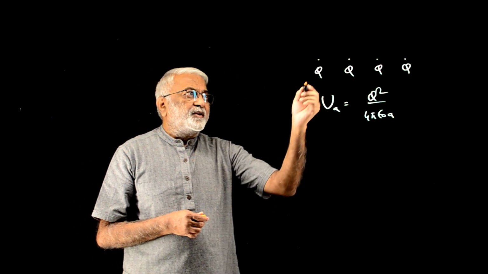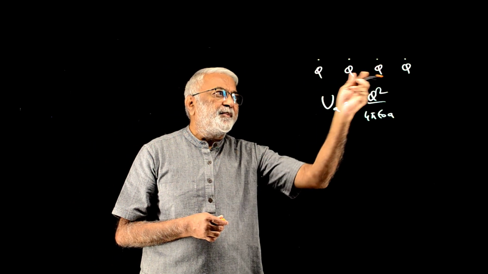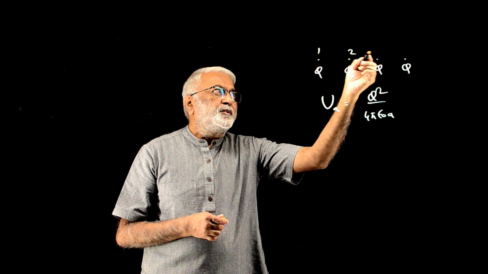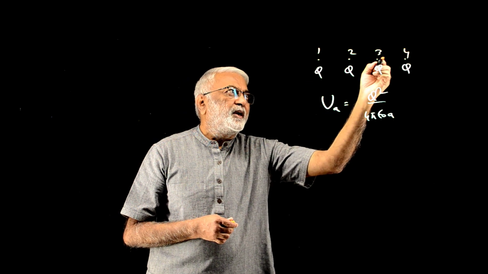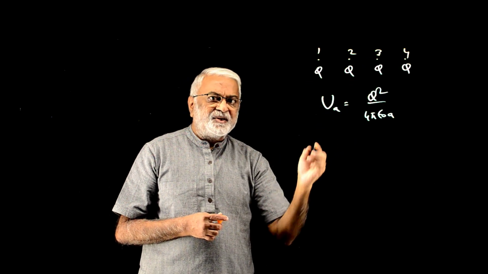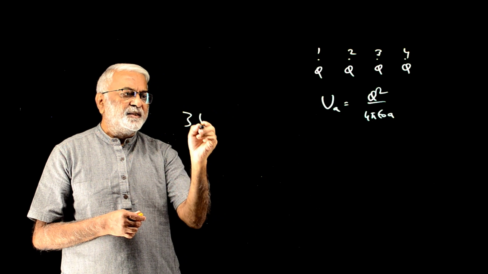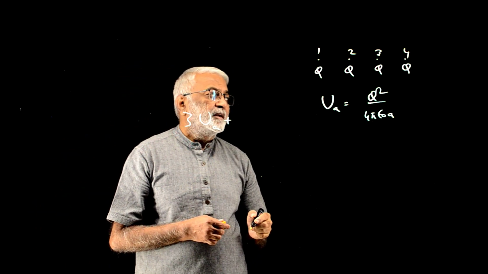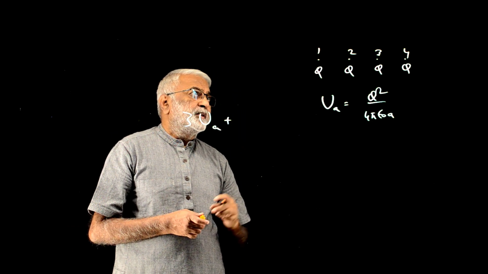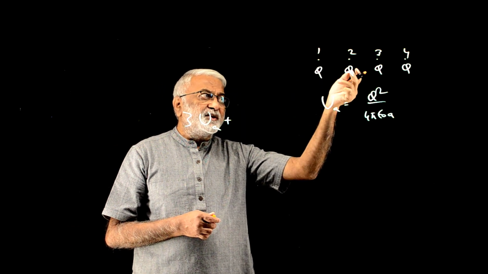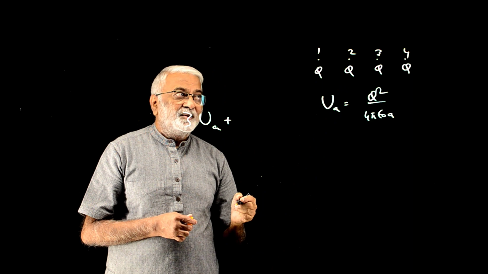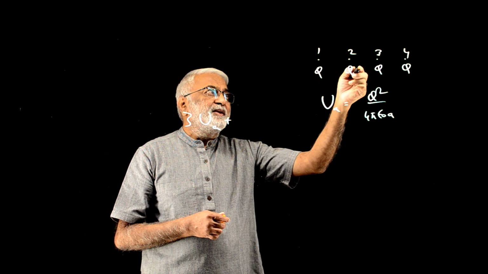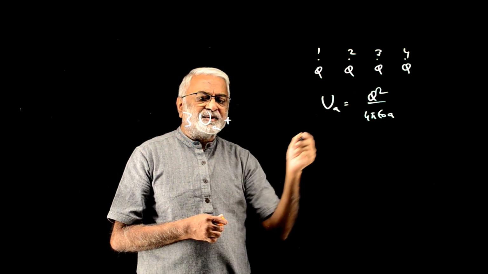So what have we got here? 3 pairs, that is 1 2, 2 3, 3 4, all identical, and this is the energy of each pair. So 3 UA plus, let's go to the pairs 1 and 3, that's double the distance. If you pair 1 and 3, then 2 and 4 are similar pairs.